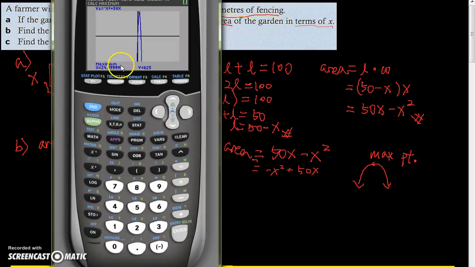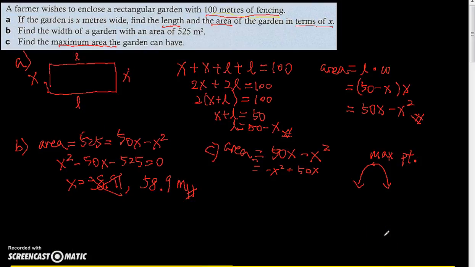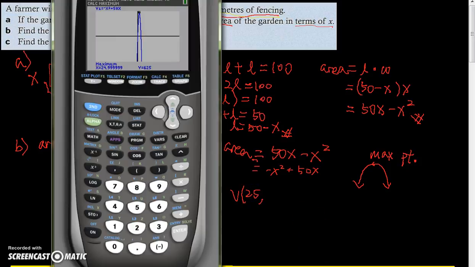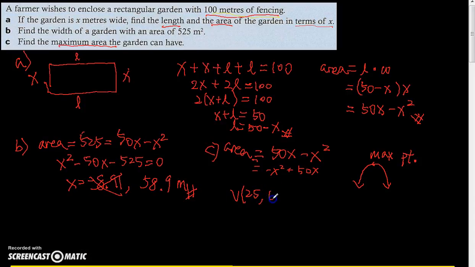So my maximum point is at 24.99999. So I'm just going to say that's 25. Right. So my vertex is at 25. And the maximum value is 625.